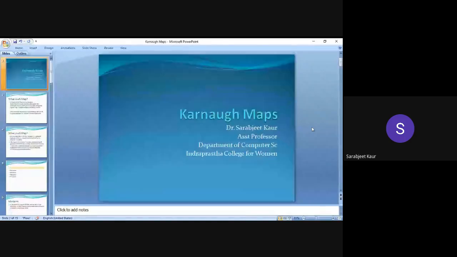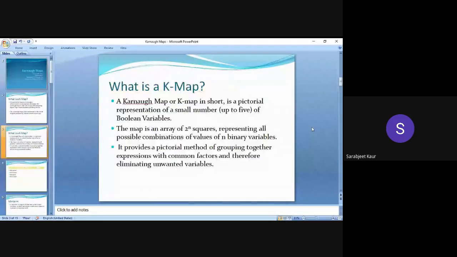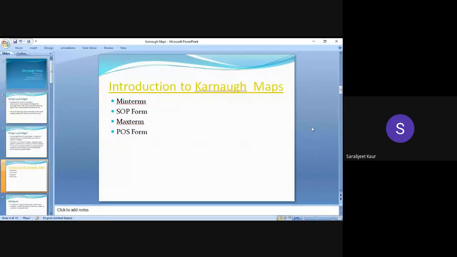So what we have done today is we have introduced ourselves to what is a Karnaugh map so far. We have seen how to draw a two variable Karnaugh map.